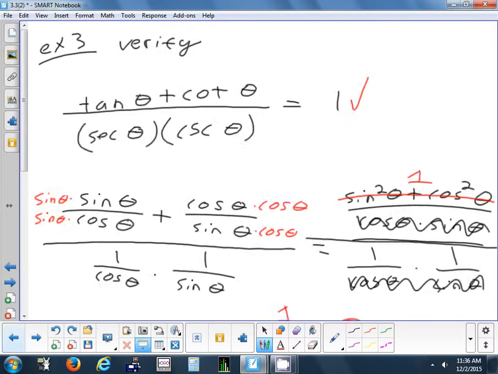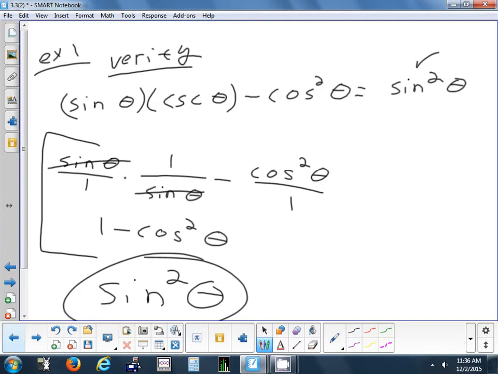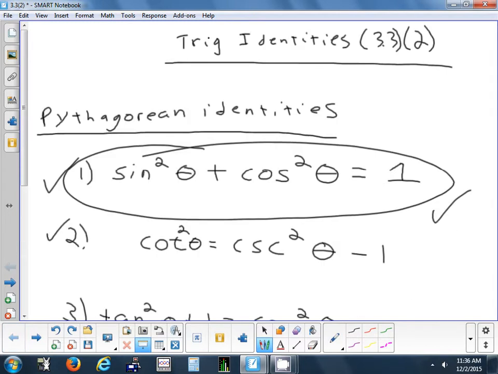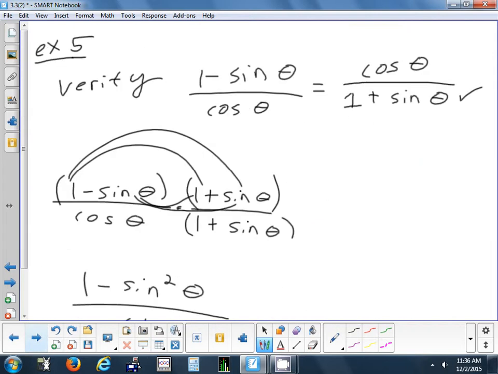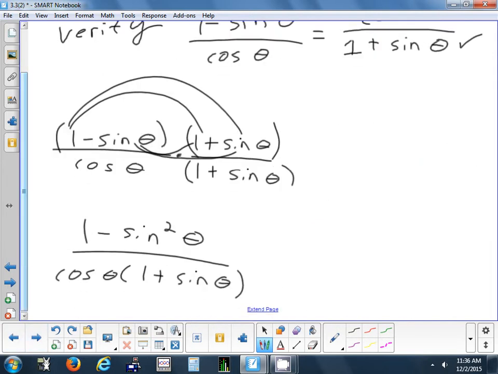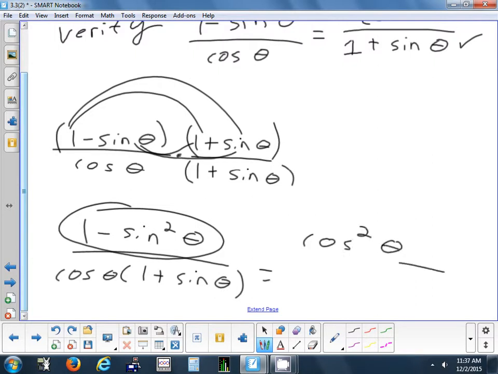Cosine squared. If you don't recognize this Pythagorean identity, you're stuck here. You have to recognize this is cosine squared. So cosine squared in the top.